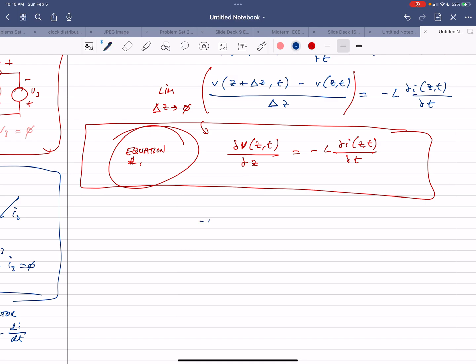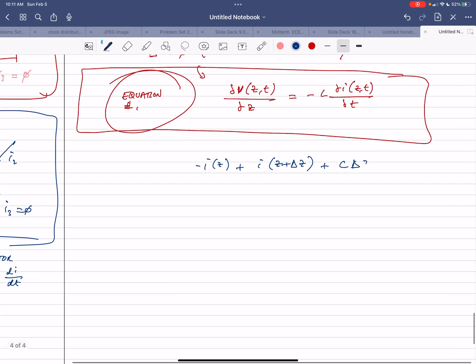So for each one of those, I have the current I at z plus the current going the other way at z plus delta z, plus C delta z dV/dt is equal to 0.